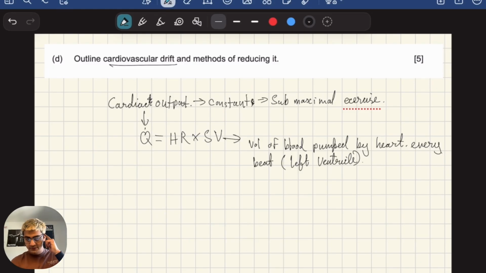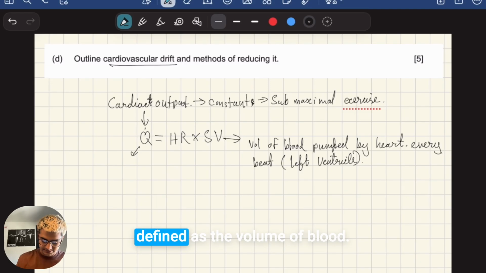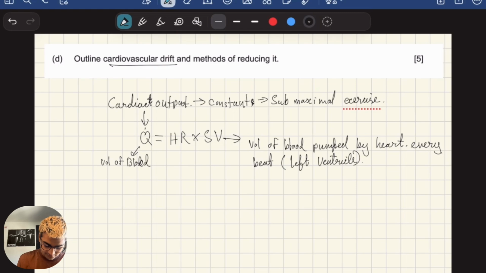Okay. And obviously cardiac output is defined as the volume of blood pumped every minute throughout the body per minute.